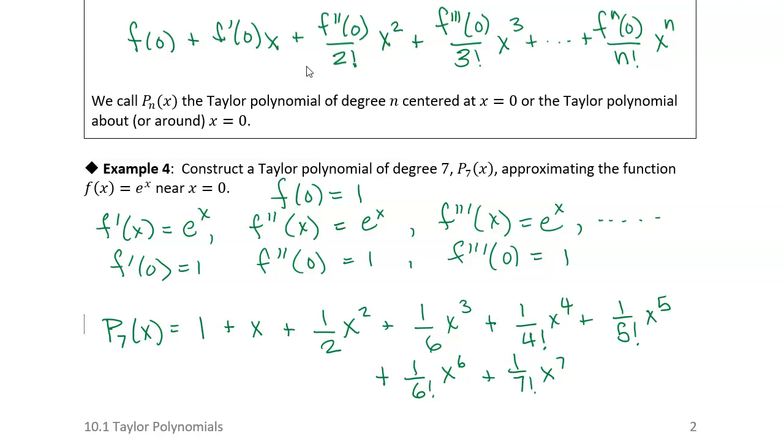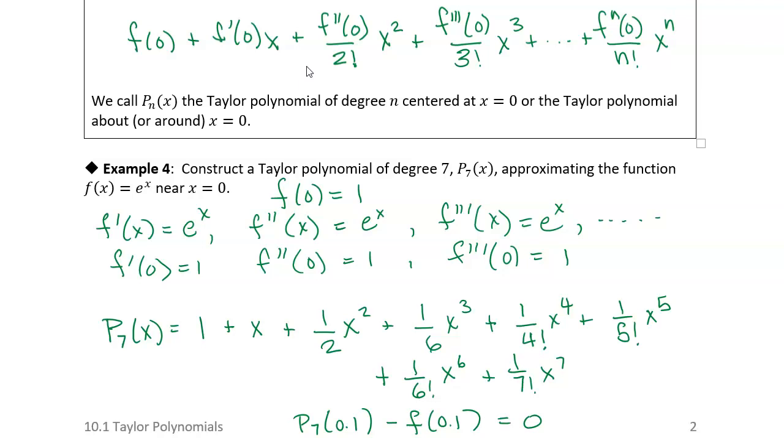And this one is so good that if I compute P7 at 0.1, and I subtract the value of e to the x at 0.1 on my calculator, the value I get from my calculator is 0, given the precision of my calculator. So that's just a side note that at least at 0.1, it's a pretty darn good approximation.